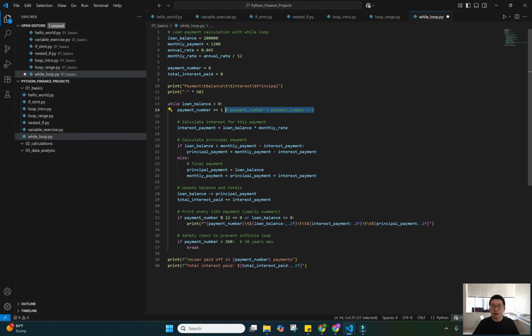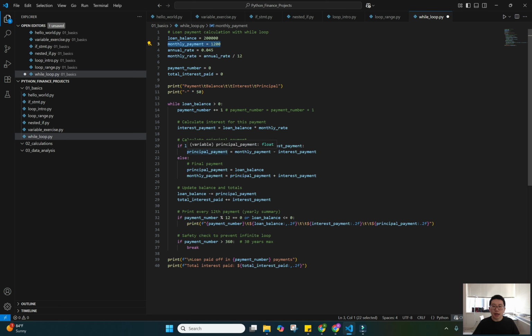Now with the payment number set, the next step is to calculate the interest. The interest payment is simply the loan balance times the monthly rate. Then we can calculate the principal payment, because we know the monthly payment is 1,200. This is fixed, right?